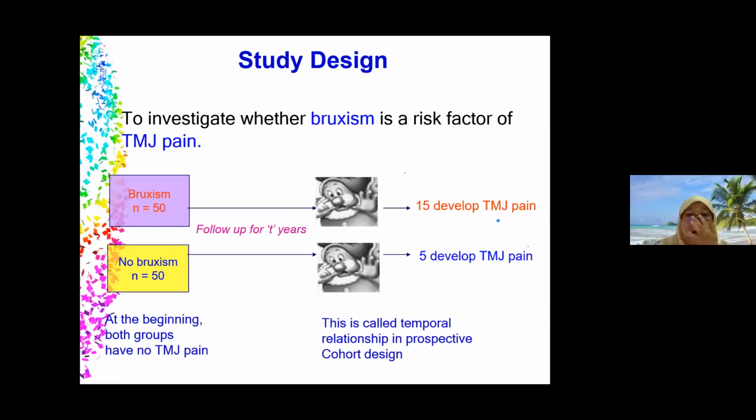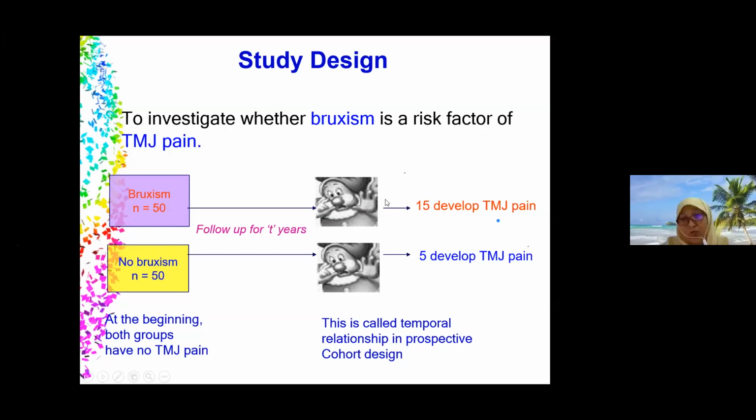Okay. Sepatutnya, what should you do to investigate whether bruxism is a risk factor? You should actually collect bruxism, katakan 50 patients, no bruxism 50 patients. So at the beginning, both groups have no TMG pain, and you follow for how many years? And then you look at how many develop TMG pain among those with bruxism, and how many develop TMG pain among those without bruxism.